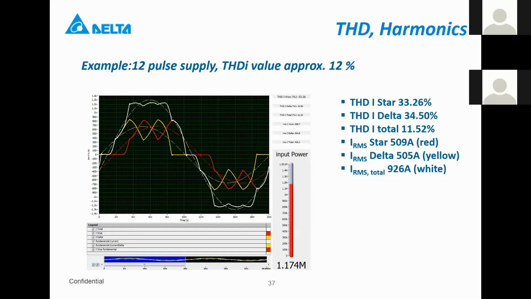The white one is, for example, the total at the input of the transformer. So in this case, the THCI of the star and the delta was each roughly 33%, and the total has a harmonic distortion at the input of the transformer of roughly 12%.